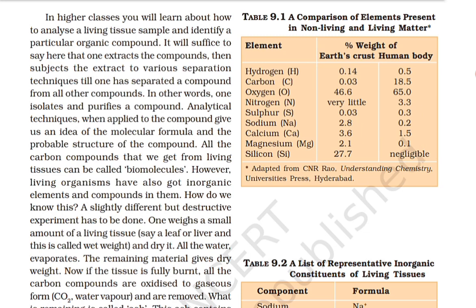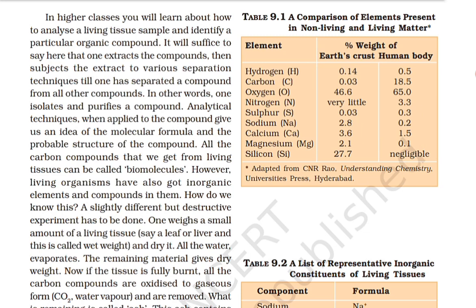However, living organisms have also got inorganic elements and compounds in them. How do we know this? A slightly different but destructive experiment has to be done. One weighs a small amount of a living tissue, say a leaf or liver, and this is called fresh weight, and dries it. All the water evaporates.